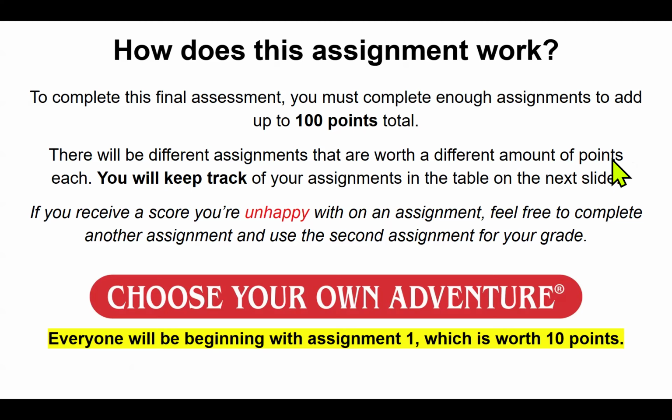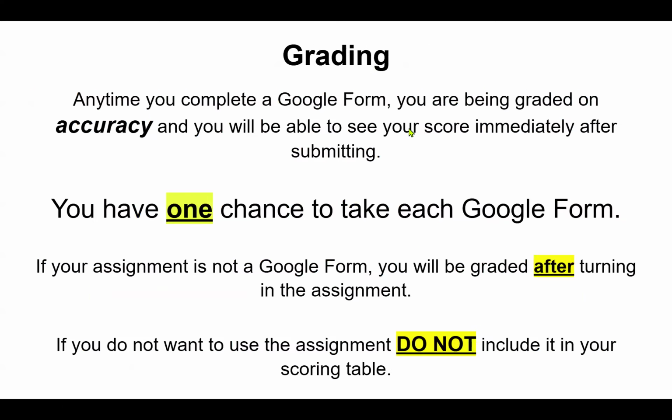This assessment is cool because if you receive a score that you're unhappy with on an assignment, you can feel free to complete another assignment and use the second assignment for your grade instead. This is choose your own adventure. Everyone's going to be starting at the same point of this assignment, but afterwards you can choose any assignments to complete as long as it totals up to 100 points.